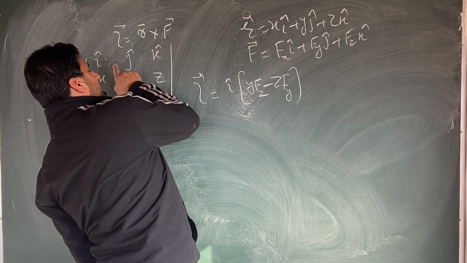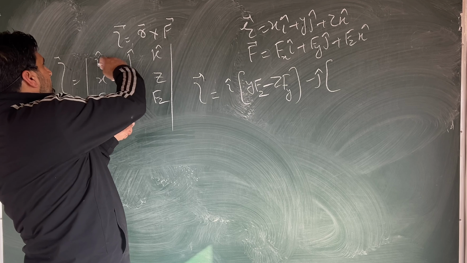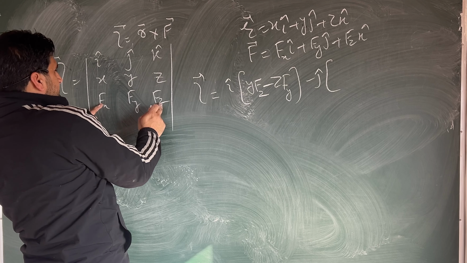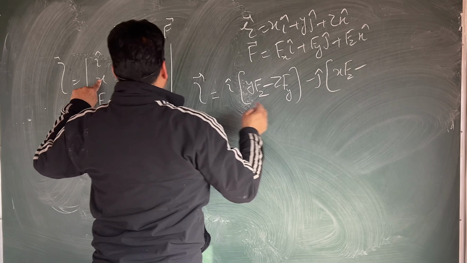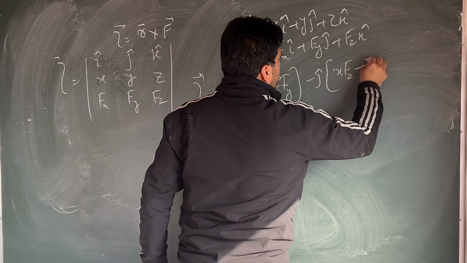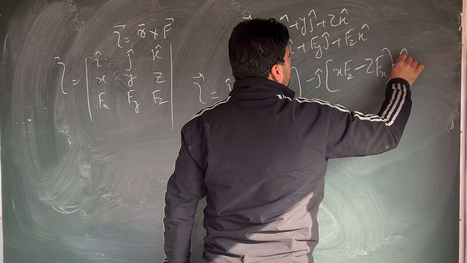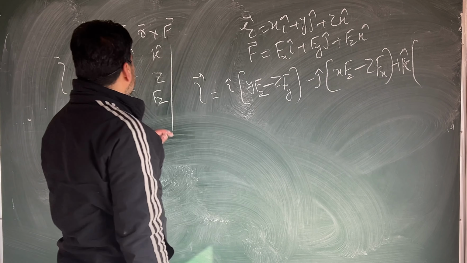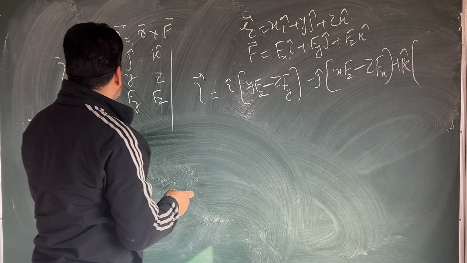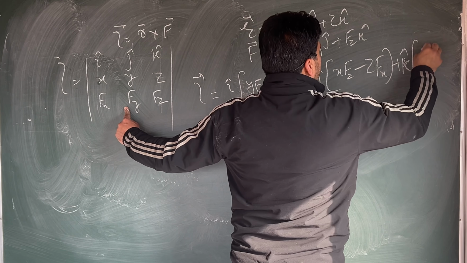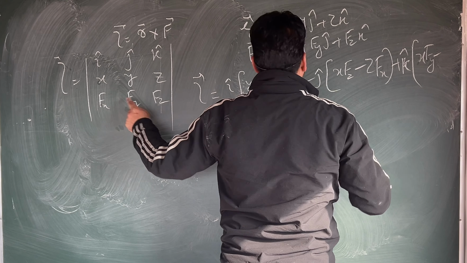First is plus, then minus j into this line and this line we drop: (x fz minus z fx). Plus k into this line we drop: (x fy minus y fx).